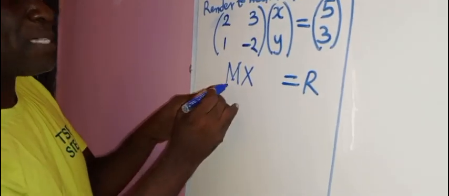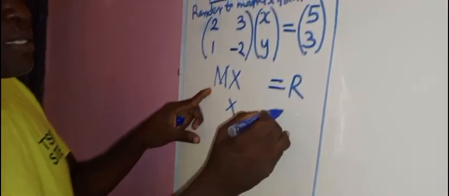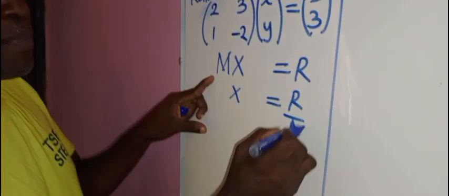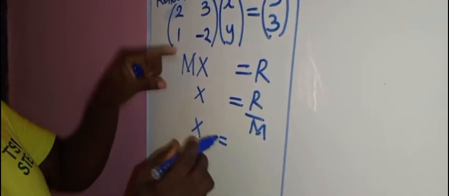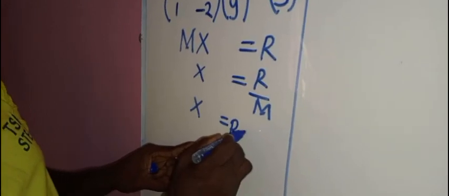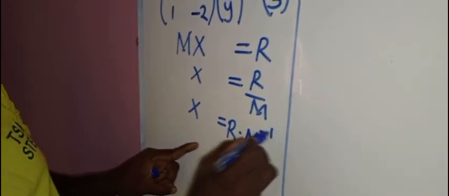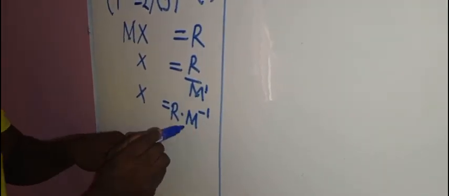So it means I need to divide both sides by M. So it means that X is R over M. Now in mathematics, take note of this. Let me tell you how they come up with inverse. If I want to bring this up, it will be R dot M inverse. It is 1 raised to power 1 here. If you take it up, it becomes raised to power minus 1. That is the idea of inverse.